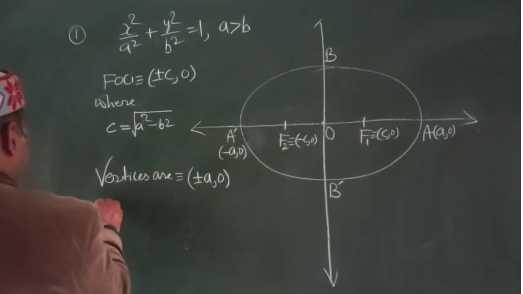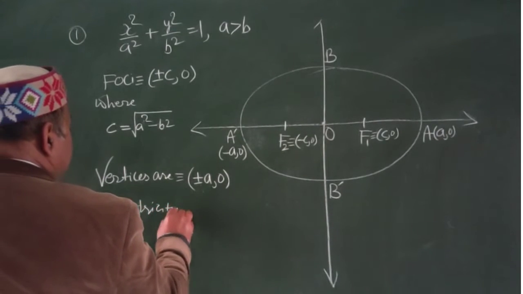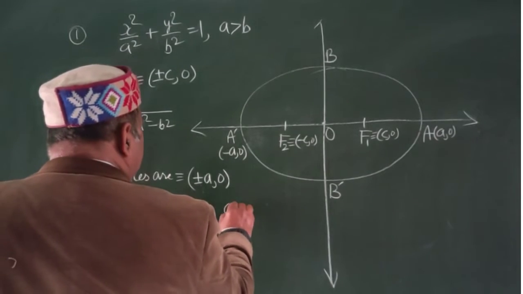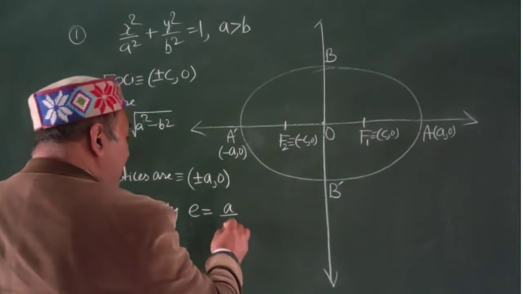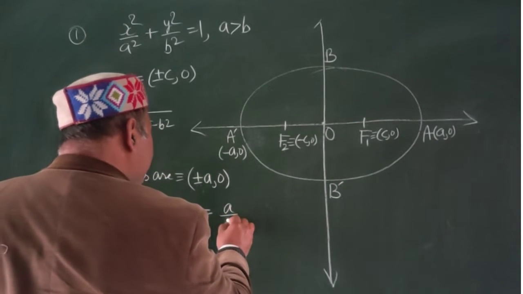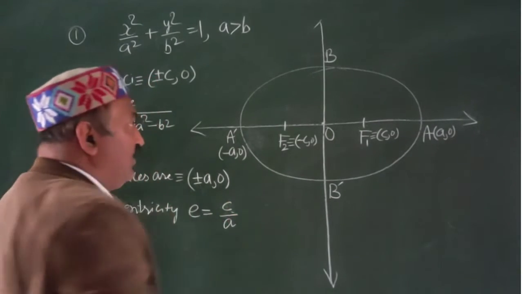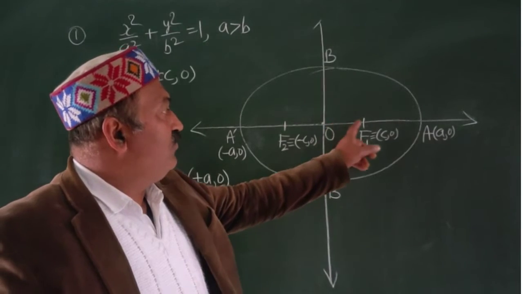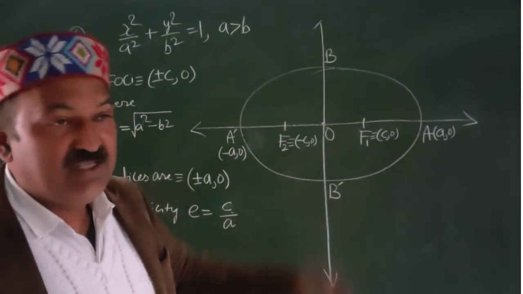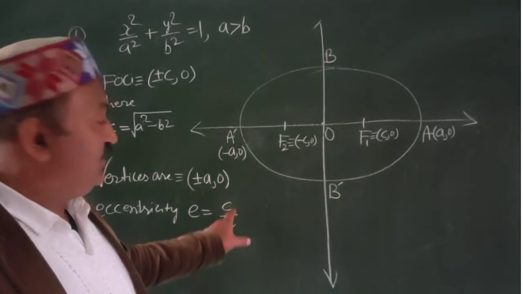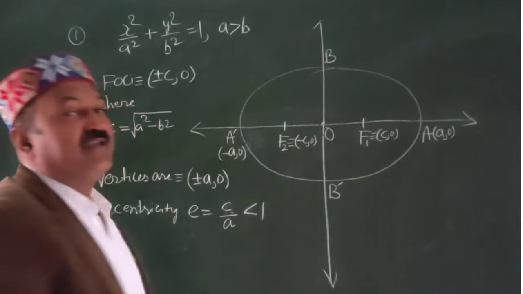So eccentricity e is equal to the ratio of the distance O to F1 and O to A, that is C upon A. Because OA is greater than OC, therefore A is greater than C, therefore eccentricity is always less than 1 in case of ellipse.